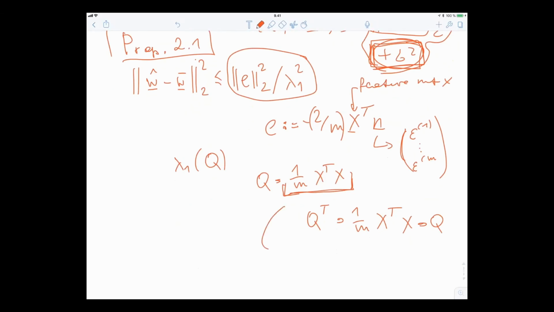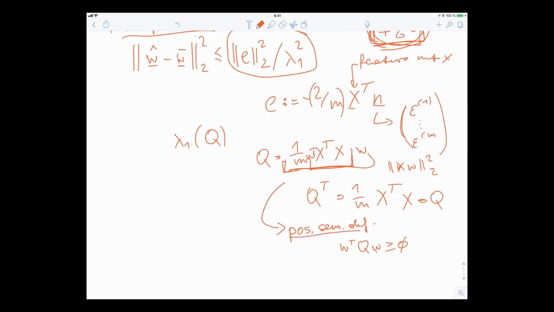It turns out that this matrix is always positive semi-definite. Which means for any vector W, this quadratic form W transposed Q W is larger or equal than 0. Which can be easily verified, because if you multiply here by W and here by W transposed, this expression is the squared Euclidean norm of X times W. So this is always non-negative, which means this is positive semi-definite.